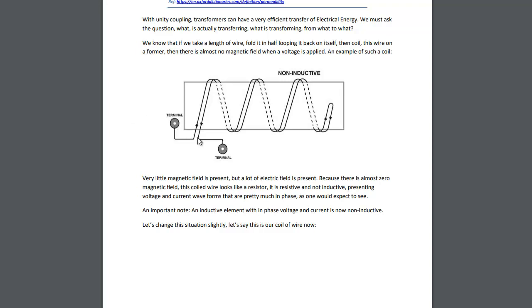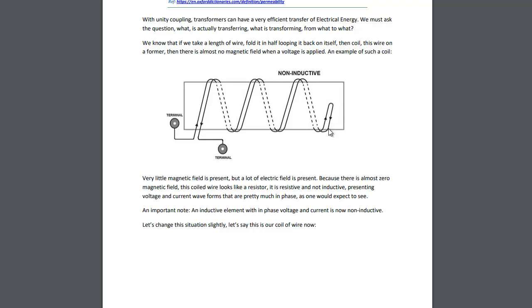The terminals here, one negative, one positive. The current would flow up the coil and then back down the coil. The arrows there you can see are in opposite directions, and from our experiments in previous videos we've seen exactly what this arrangement does. Now this is termed as non-inductive.